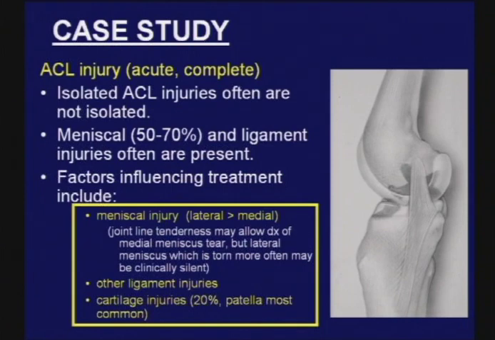What that orthopedic surgeon may want to know is further information about the presence or absence of a meniscal injury, or perhaps other ligament injuries as well. Now, in the acute setting, it is often the lateral meniscus more than the medial meniscus that is torn. The reverse is true in the chronic setting.